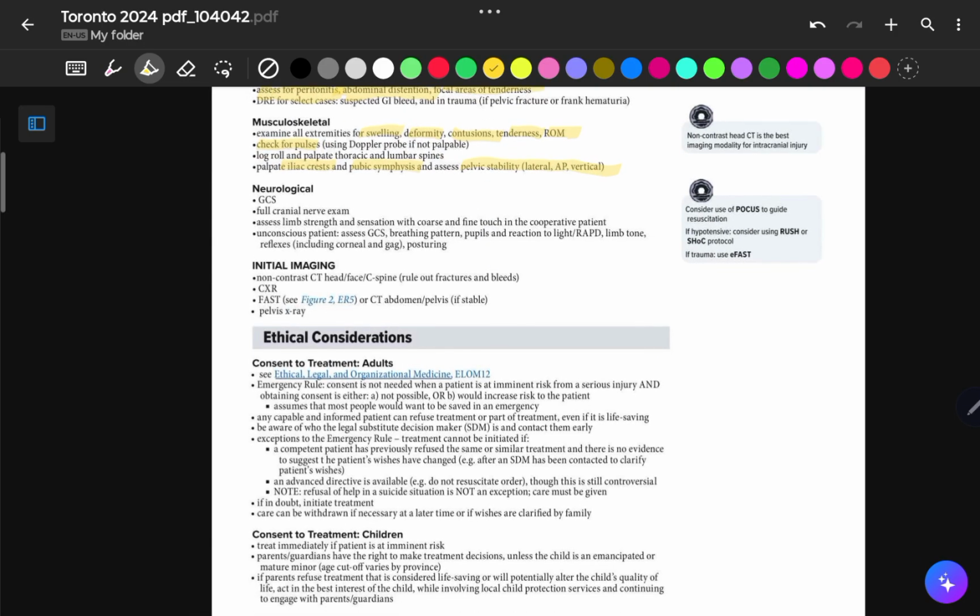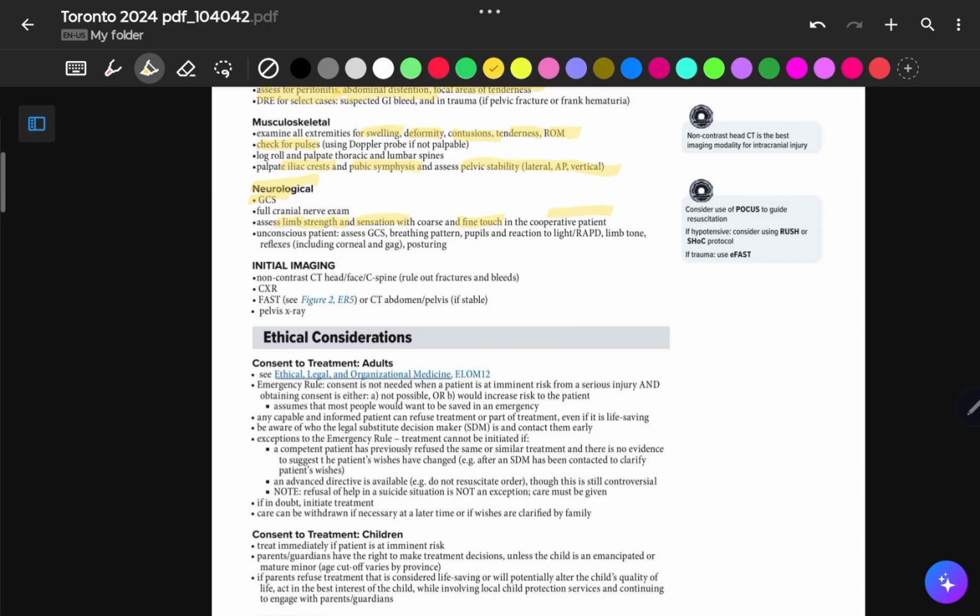Then you move to a neurological examination. Here again, you repeat your GCS score. You do your full cranial nerve examination. And then you assess your limb strength, assess for sensation of the limb. You're checking for fine motor, especially in a cooperative patient.